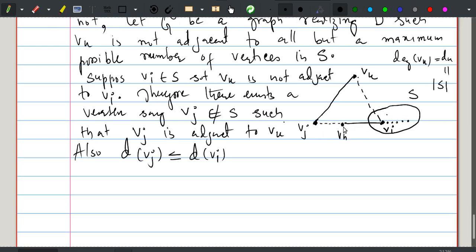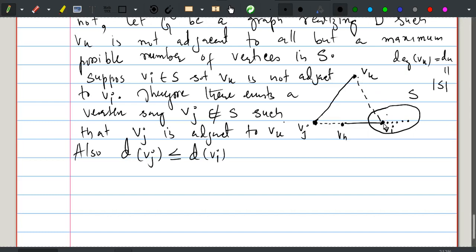Had this not been true, this inequality would not be valid, because at Vj, Vk contributes to its degree, but at Vi, Vk does not contribute to its degree.